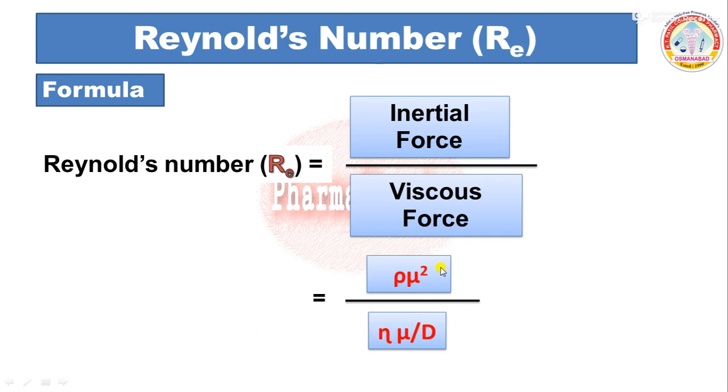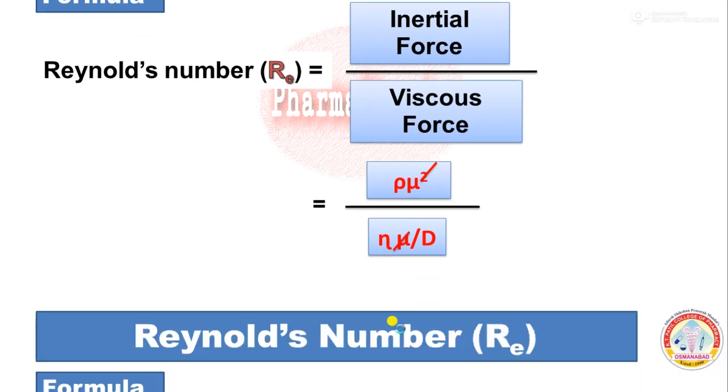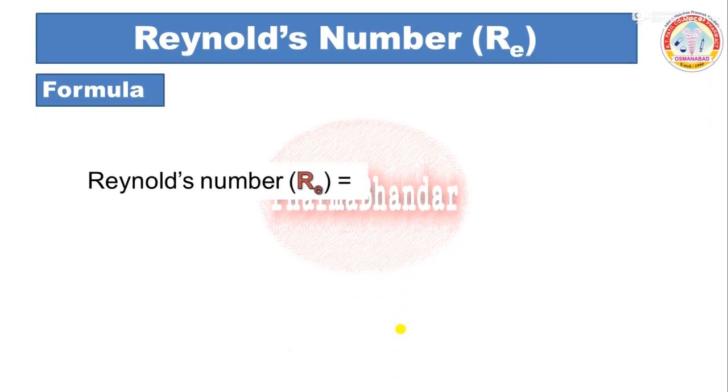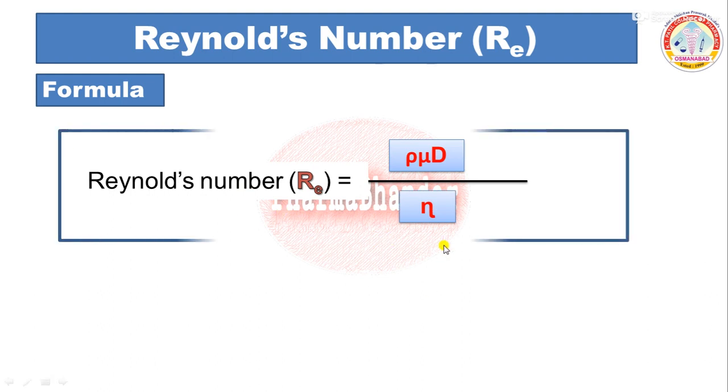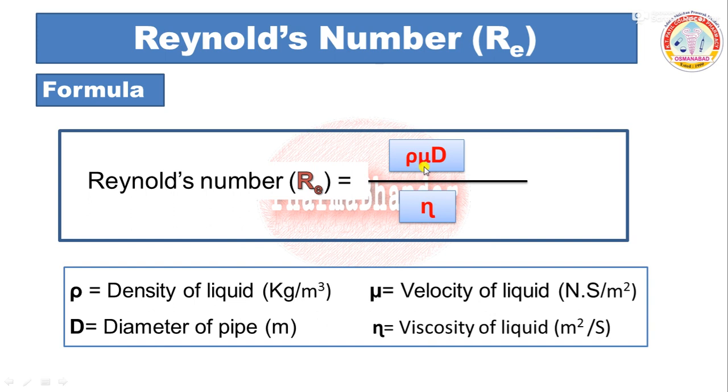So one u from the numerator and one u from the denominator get cancelled, and the final equation becomes Reynolds number equals rho u d upon nu, where rho is the density of liquid, u is the velocity of liquid, d is the diameter of pipe, and nu is the viscosity of liquid. This is the final equation of Reynolds number.